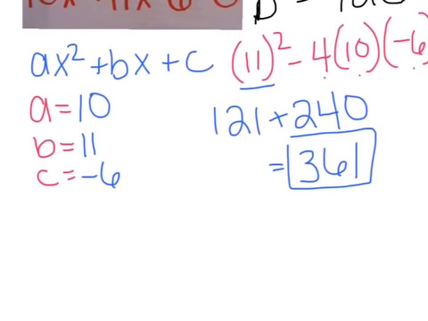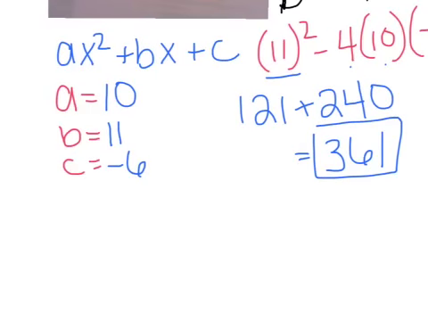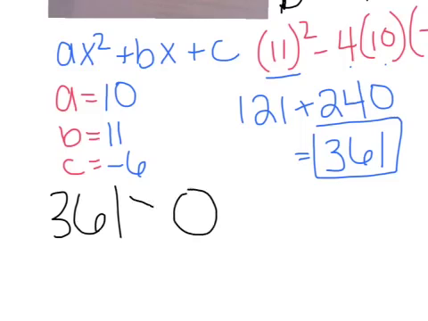So now we're going to use 361 in order to find out the roots. The first thing you have to think about is, is 361 greater than, less than, or equal to 0? 361 is greater than 0. The fact that 361 is greater than 0 means that your roots are real roots.